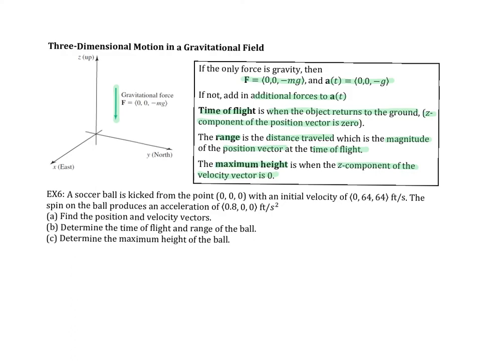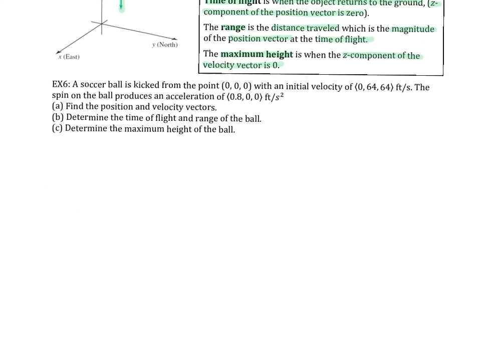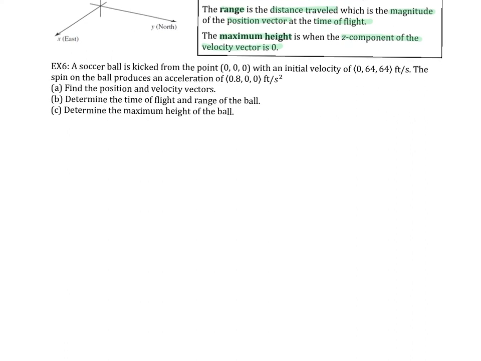Now let's go ahead and apply it in this example here. So we have this soccer ball. It's kicked from the point 0, 0, 0. Okay, so that makes sense because soccer balls are usually in play at ground level. So the initial velocity is this vector 0, 64, 64, and it's in feet per second. So here's something tricky. The spin on the ball produces an acceleration of 0.800 feet per second squared.